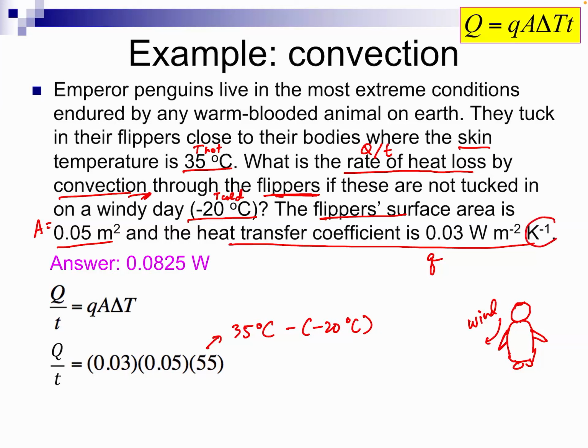So even if the convective heat transfer coefficient is given with temperature in Kelvin, we can safely use the temperature difference in Celsius as the Kelvin change in temperature as well. So every second, the penguin will lose 0.0825 joules of energy through its flippers.